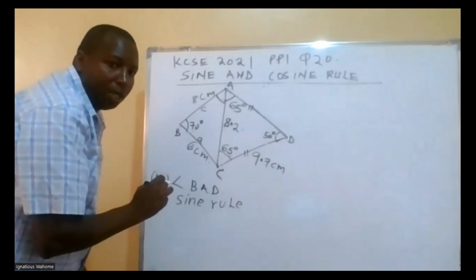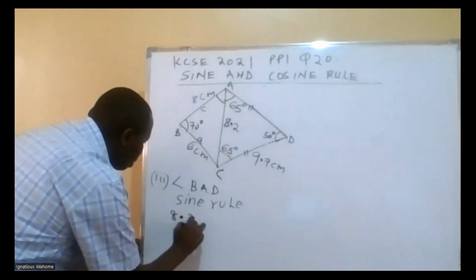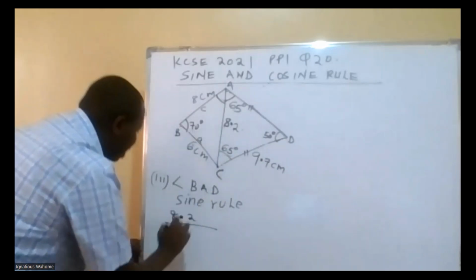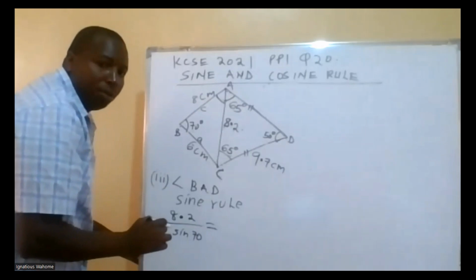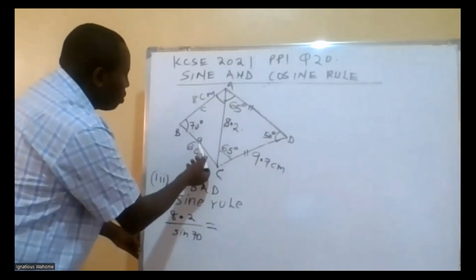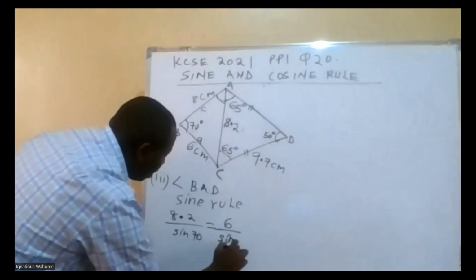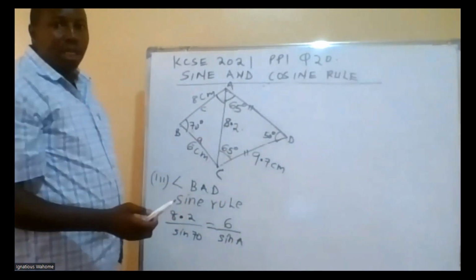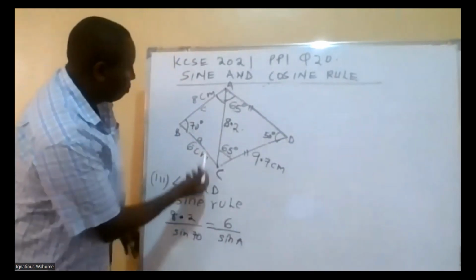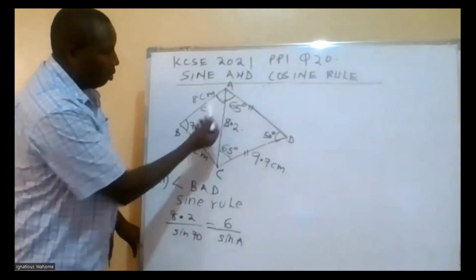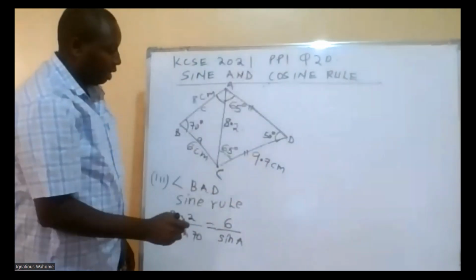The sine rule in this question, you say 8.2 over sine 70 is equal to 6 over sine of A. Let's call this angle A. Once we get that one, we add it to this 65 to get the size of that angle.